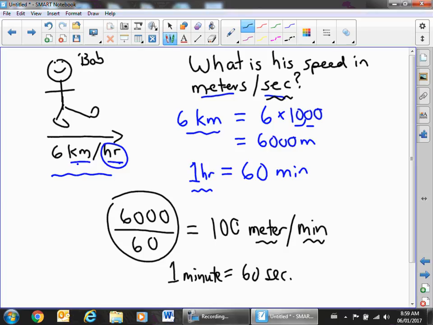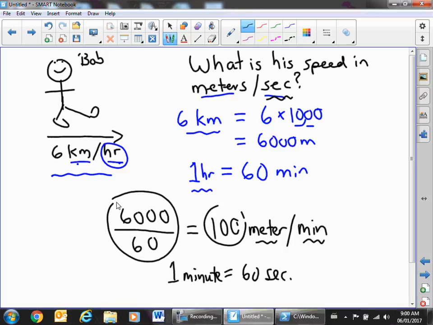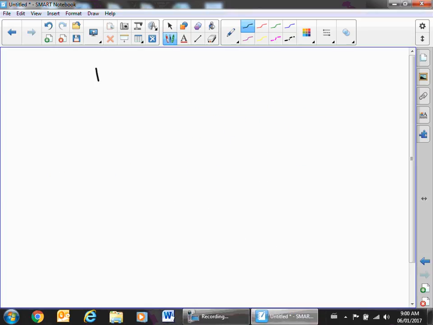We're going to divide the 100 meters by 60 seconds, splitting the 100 into 60 groups to determine how much we actually get.